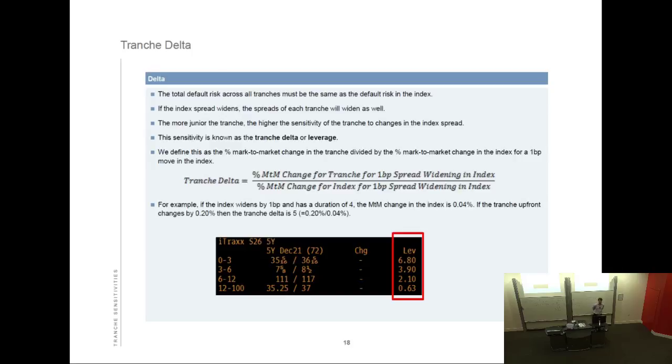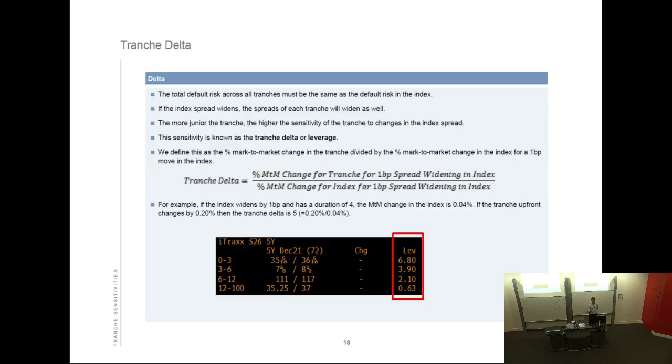What's the spread of your tranche? The spread of your tranche is 36, right? You see that on the bottom here. The bid is 35.25, the offer 37, so your average is roughly 36. So on this tranche, you're carrying 36 basis points running.